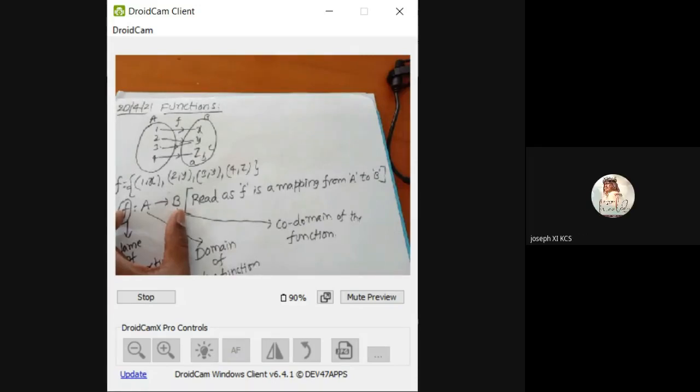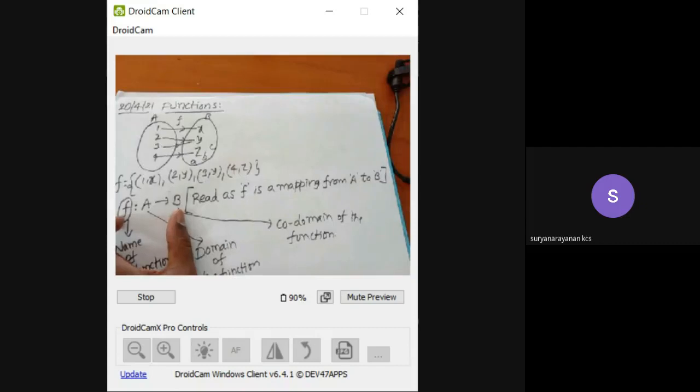Yes, sir. How do you read once? Janani, can you read this notation? Janani, once read this notation. Janani, are you there online? Janani. Janani.